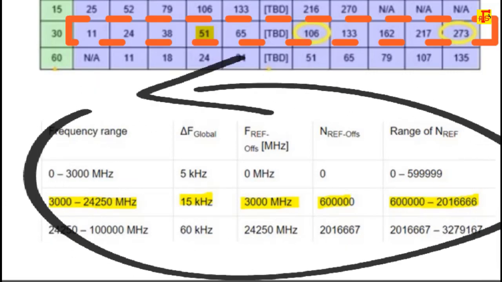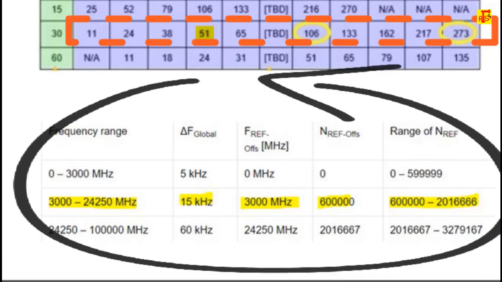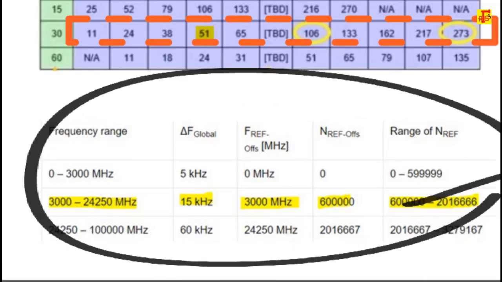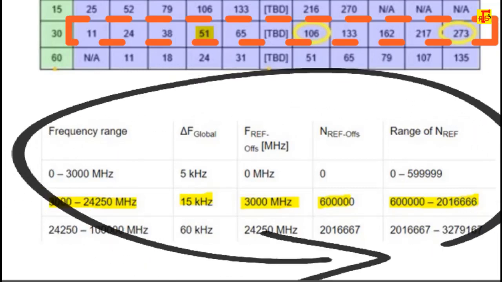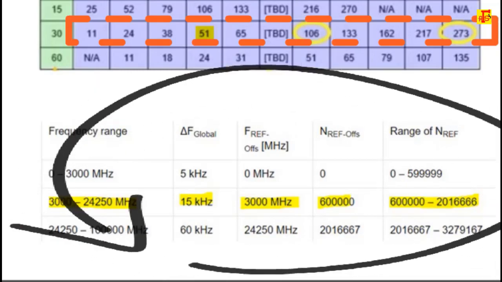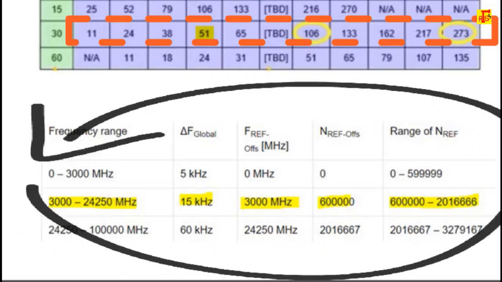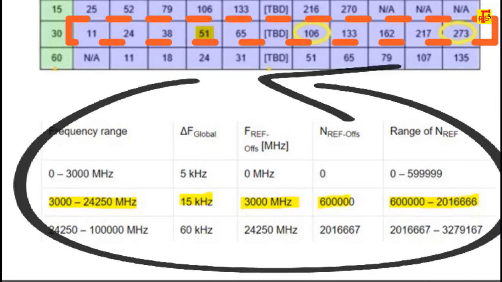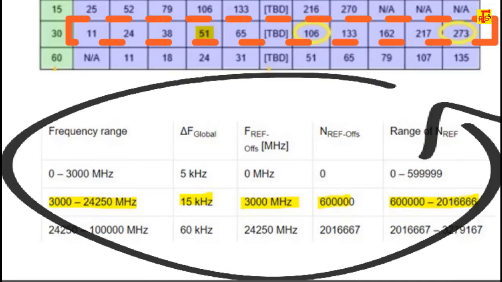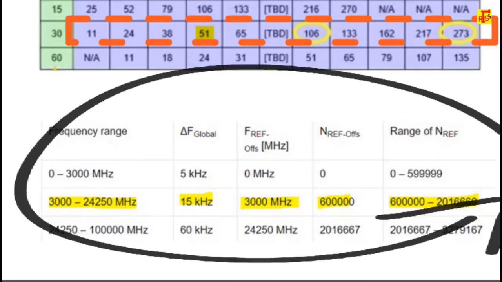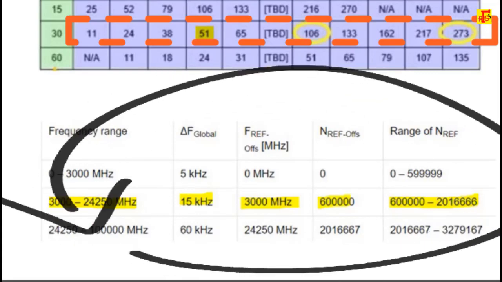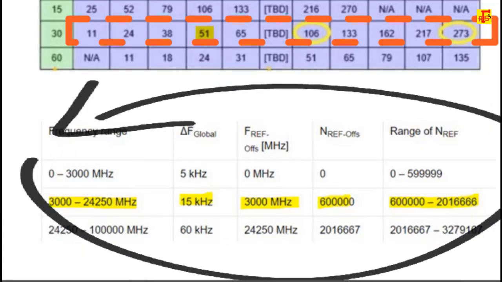This is the frequency raster. The reference frequency F_REF is 0 for the 0 to 3000 range, and 3000 for the 3000 to 24250 range, like that. This gives the range of NREF.